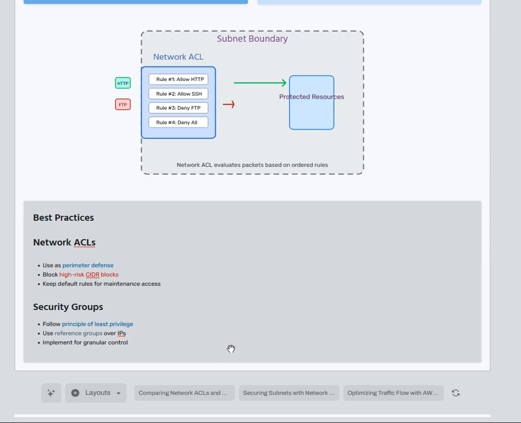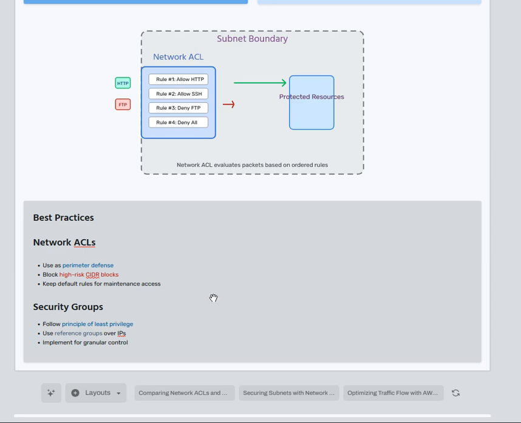Collectively, all together, it will protect all the instances inside the network. Block high-risk CIDR blocks. Keep the default route for maintenance access. You can keep only what is really necessary, and then disable everything else, right?